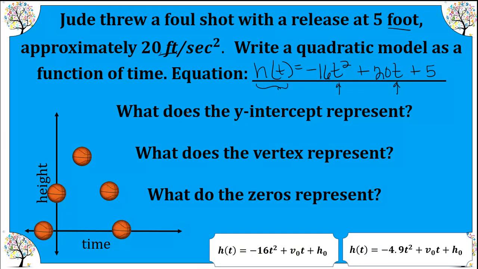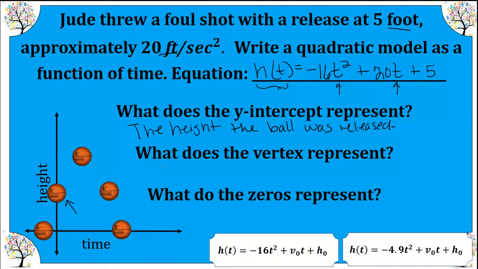So the y-intercept represents the height the ball was released. And I guess we can make this a complete sentence. So right here is where we're going to get our constant. This will be our initial height.